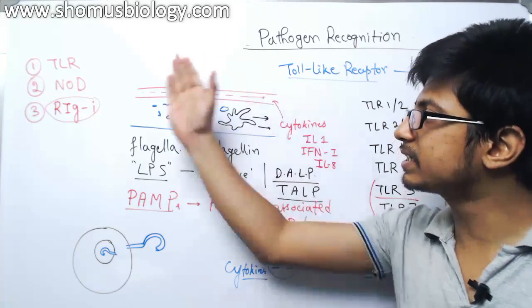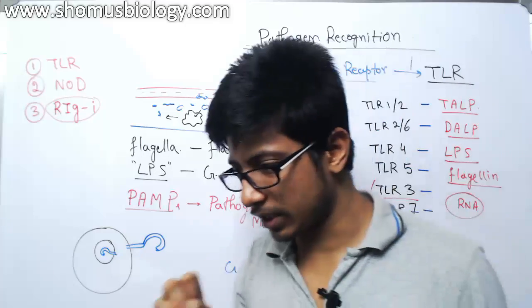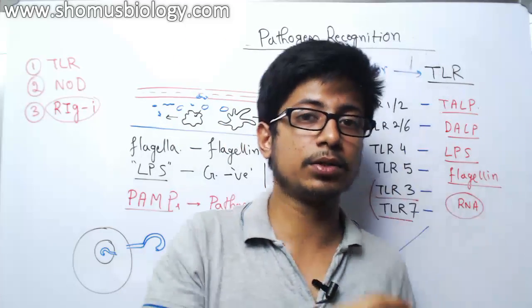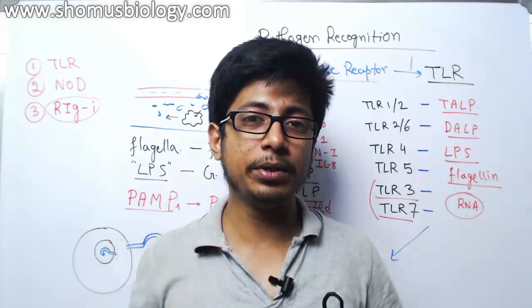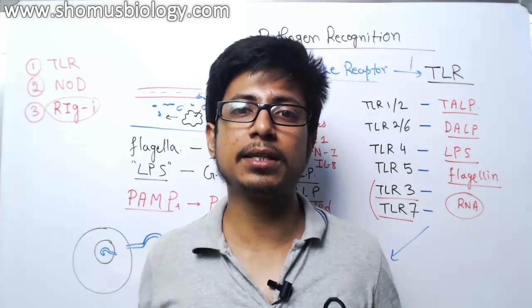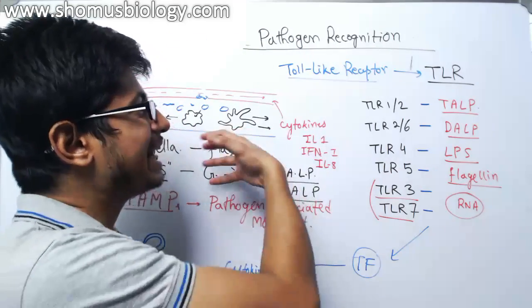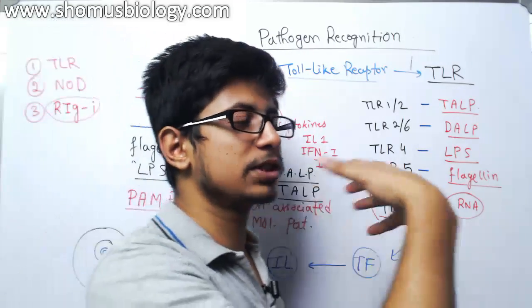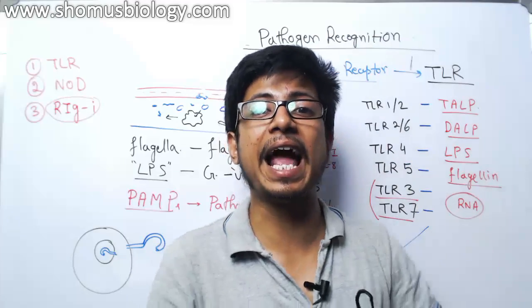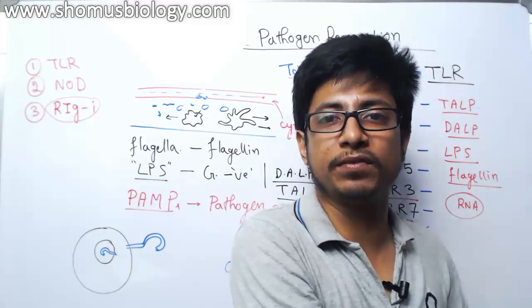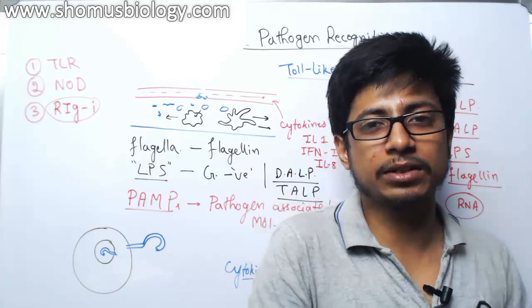So that is how the pathogen is recognized, but it's not done, because once you recognize the pathogen, you need to do the signaling. You need to bring more cells so that more pathogens could be detected, and also you need to bring lymphocytes, all those cells that will be required for developing the acquired or adaptive immunity, because that is how the immune system works.